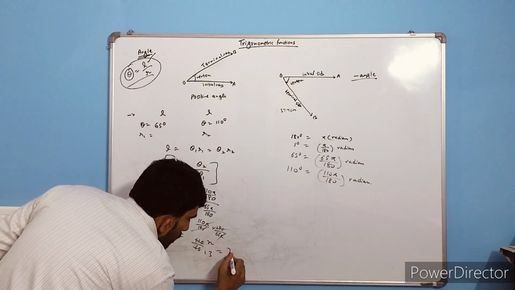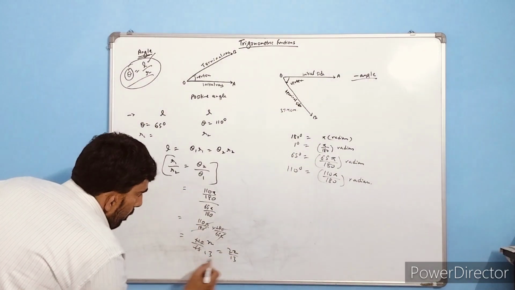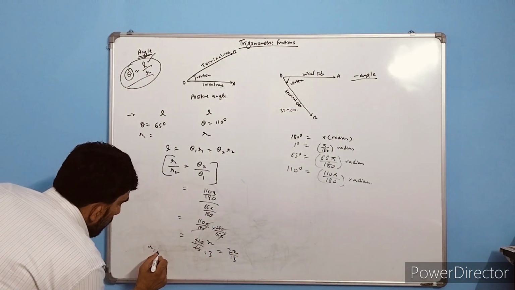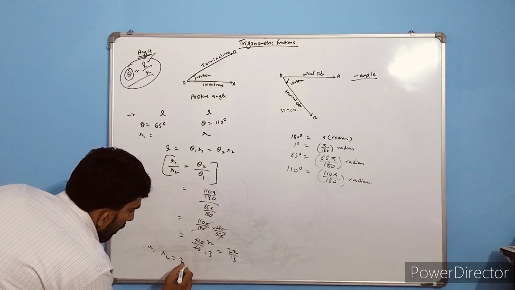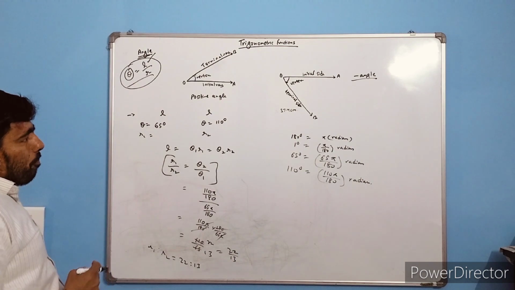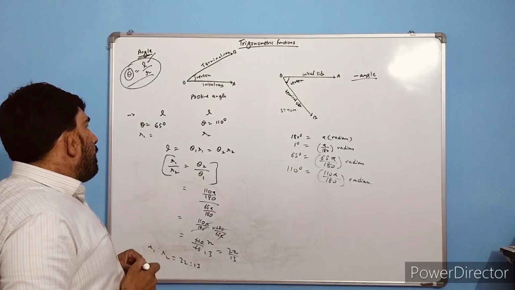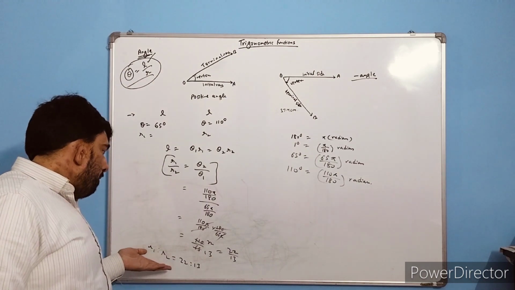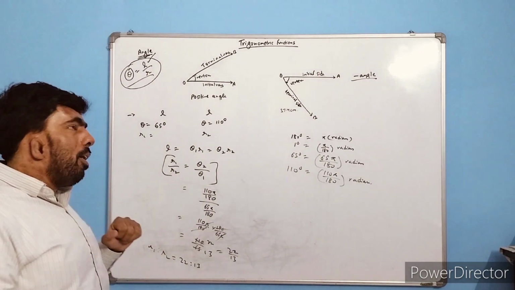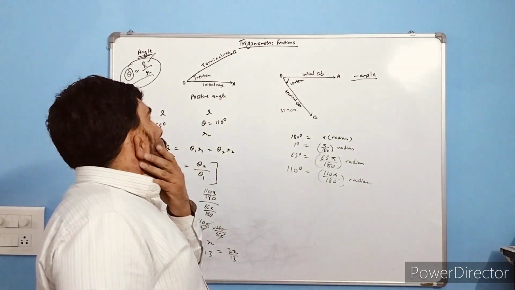So 22 upon 13. Now I got R1 is to R2, 22 is to 13. See, now we can easily find the value, that is the ratio of the radius they are asking in the numerical. Okay, so now we'll move further.